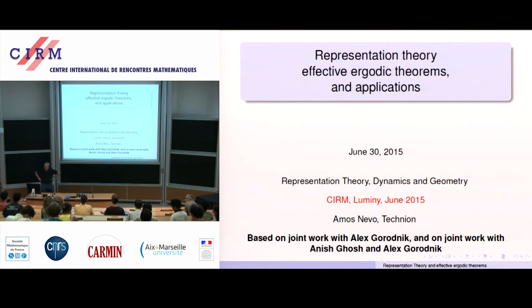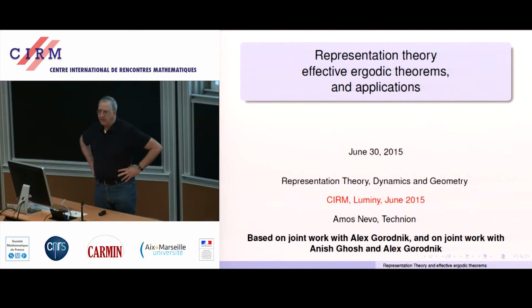So we're going to go back to where we stopped yesterday. The plan is to give what I really feel would be fair to say is a complete proof of the solution to the lattice point counting problem with an error estimate.